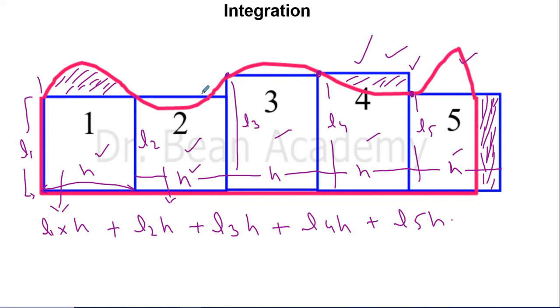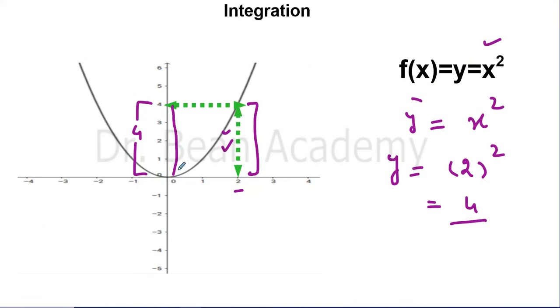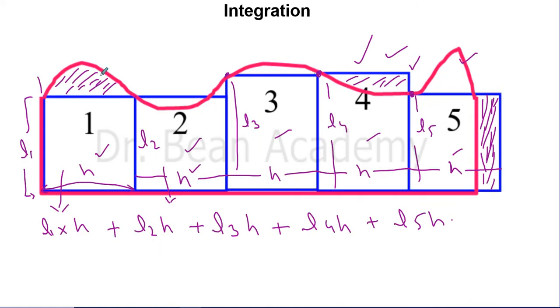Why? At least one corner should touch the upper line, because this line is actually a function. It is a function, like a parabola. So because this is a function, it is also representing a function.